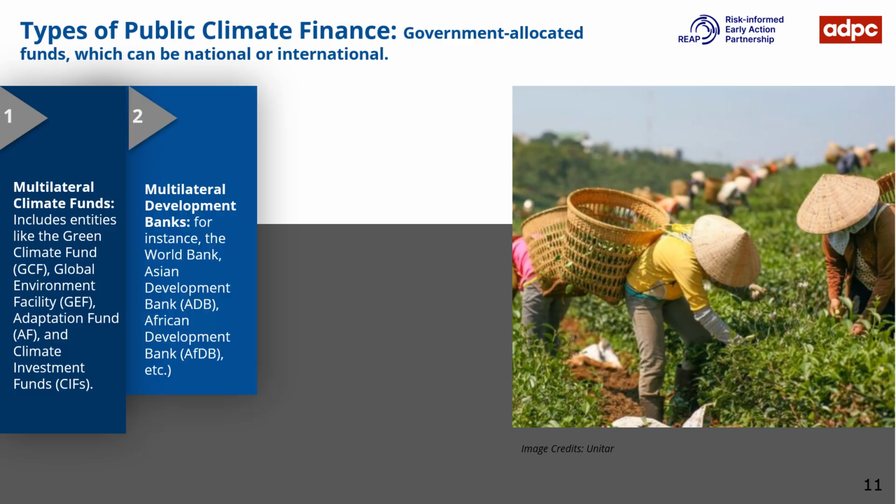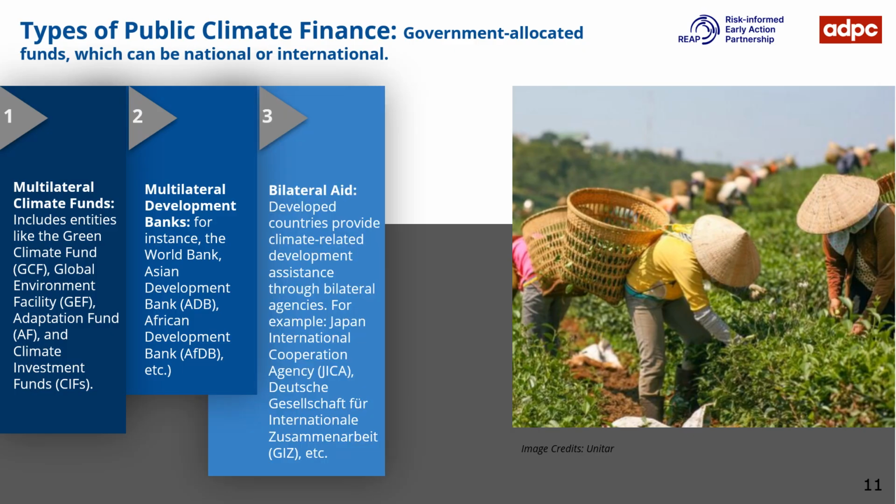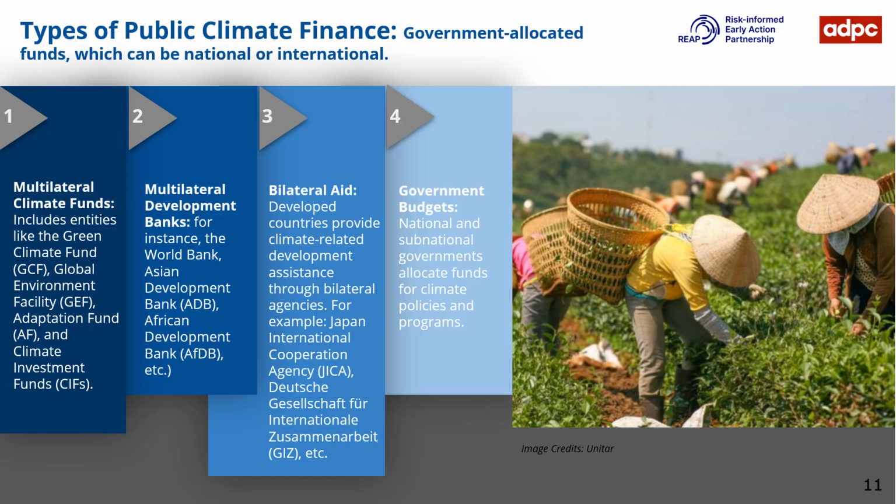Second, multilateral development banks, such as the World Bank, Asian Development Bank, African Development Bank, and others. Third, bilateral agencies, such as JICA and GIZ, provide country-to-country support. Fourth, national and subnational government budgets are critical.